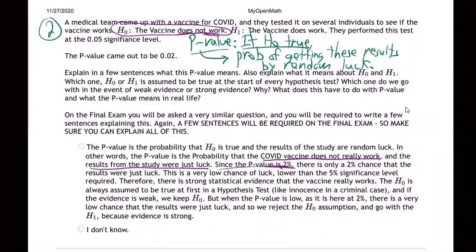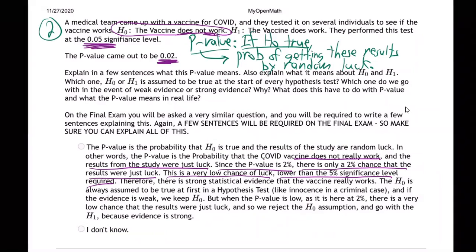And since the p-value is 2%, that means there's only a 2% chance that the results were just luck. This is a very low chance of luck, lower than the 5% significance level required.